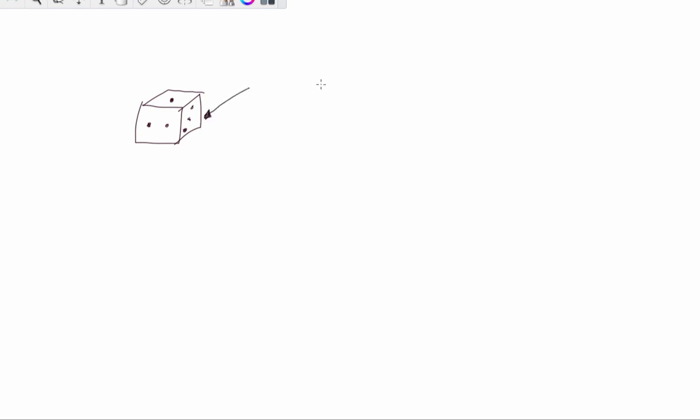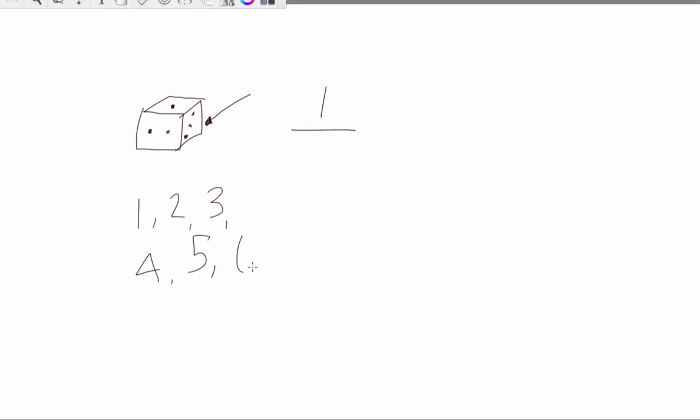I want to get one thing out of how many different things can we get? We could get a 1, a 2, a 3, a 4, a 5, a 6, a 7. No, we can't. Don't be silly. So I could get 1 out of 6 different options. So that's the probability of getting a 3, is 1 out of 6.